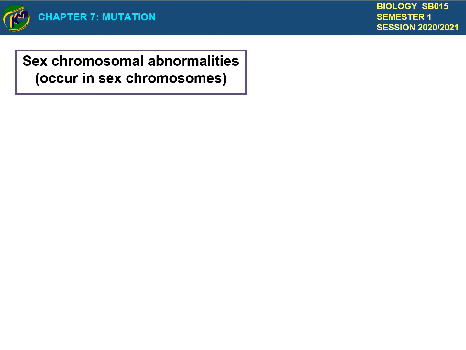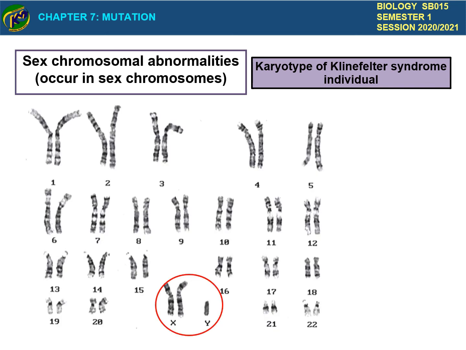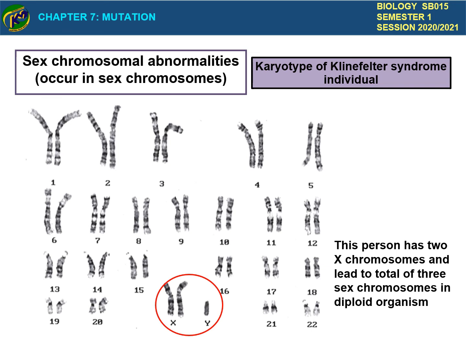Let's proceed with sex chromosomal abnormalities by looking at the karyotype of Klinefelter syndrome individual. From this diagram, this person has 2 X chromosomes, leading to a total of 3 sex chromosomes in a diploid organism.